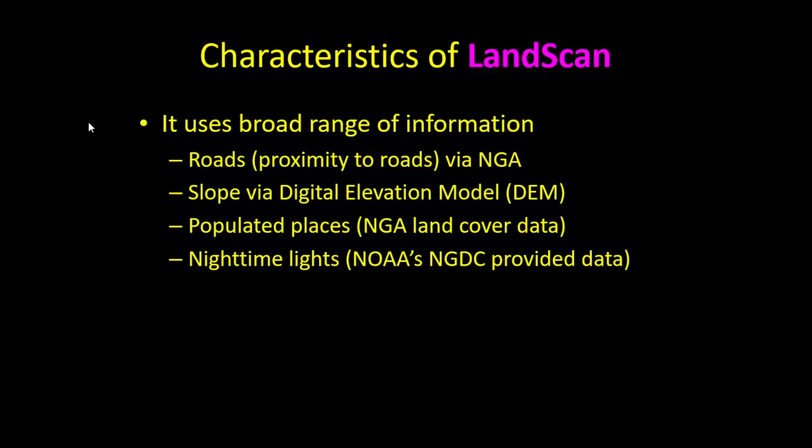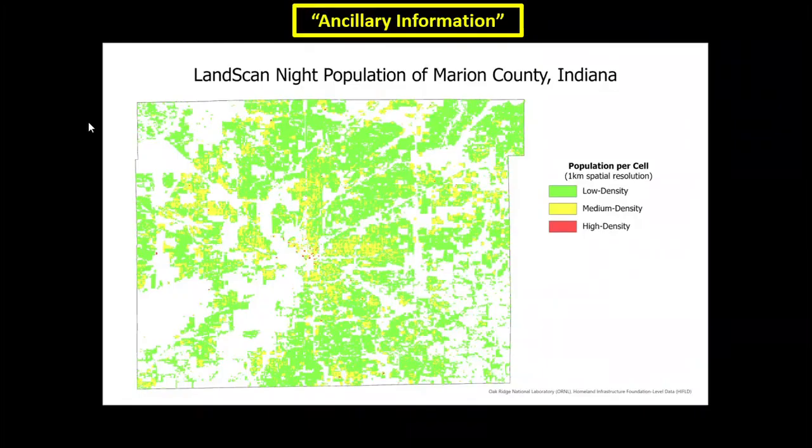The idea there is that people are not going to live on super steep slopes. Of course, we don't really have to worry about that too much in Marion County, but that's why slope is inserted into LandScan. Populated places use the National Geospatial Intelligence Agency land cover data, and also take into account nighttime lights provided by the National Oceanic and Atmospheric Administration and their National Geophysical Data Center. And once again, here's the LandScan night population for Marion County, just as a refresher since I just mentioned it.